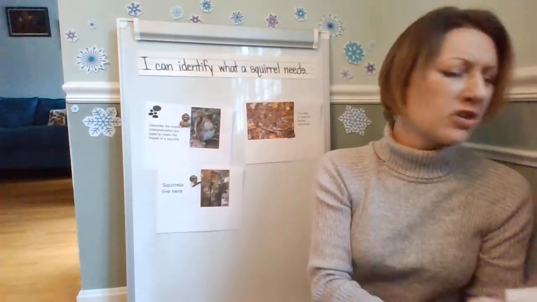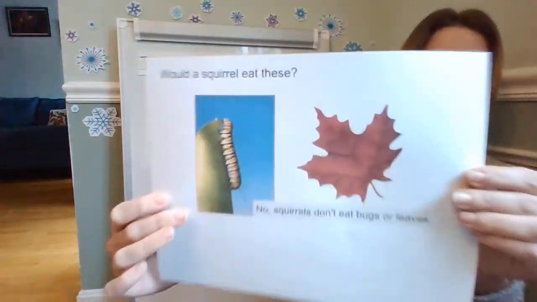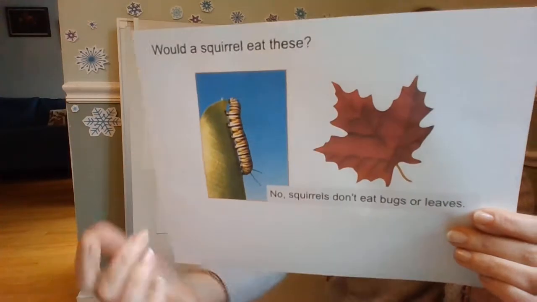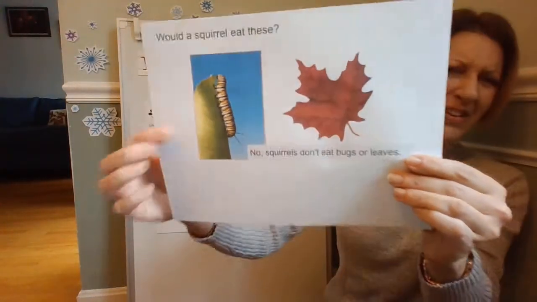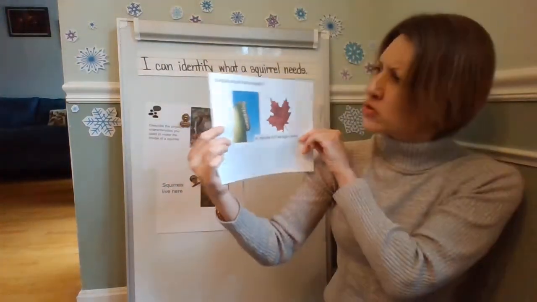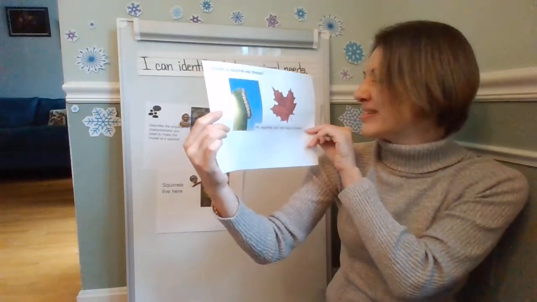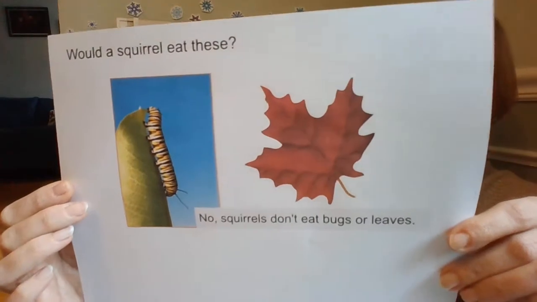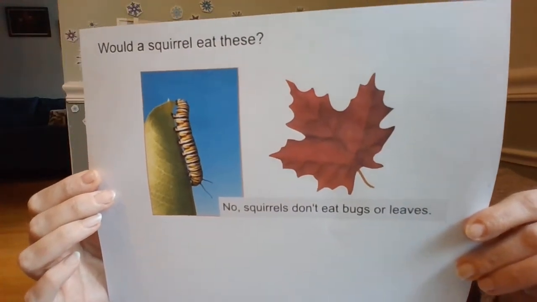Well, would a squirrel eat these? I see a caterpillar and I see a leaf. Would a squirrel eat those? No, squirrels don't eat bugs or leaves. So I wonder, what does a squirrel eat?